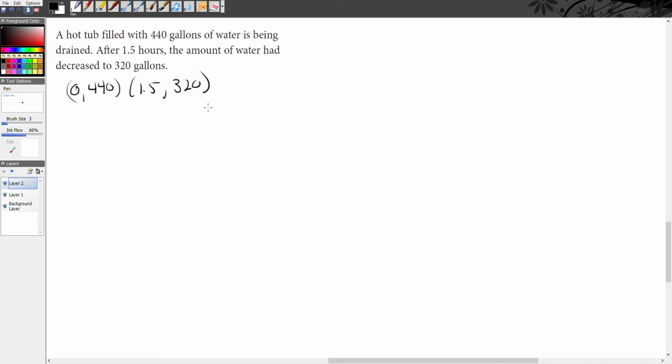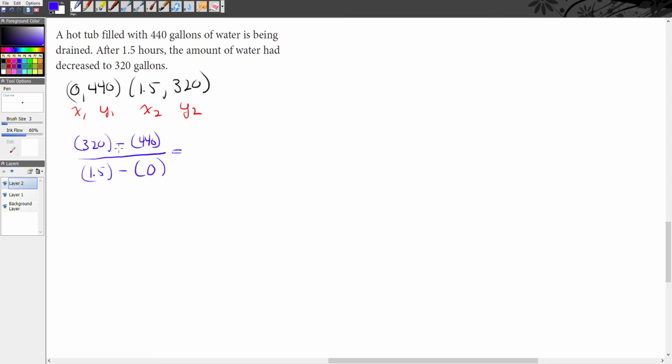All right, so we need a slope. So our next thing is to do our slope formula. So x1, y1, x2, y2. So we've got here our parentheses. Y2 is 320 minus y1 is 440 over x2 is 1.5 minus x1 is 0.